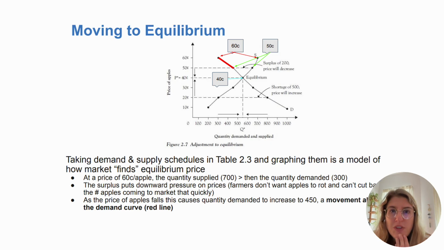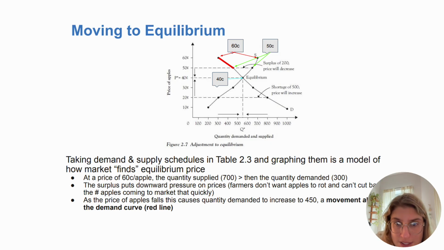With too many apples left over, sellers will sell at lower prices. And as the price drops, two things happen at once. Suppliers reduce the number of apples they're willing to sell, and consumers buy more. So you can see movement along the demand curve, which is the red line here, towards the higher quantity demanded.